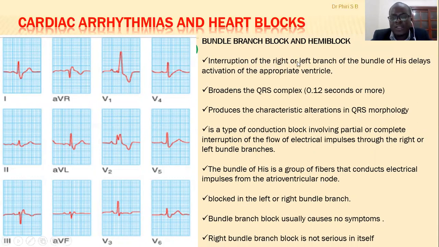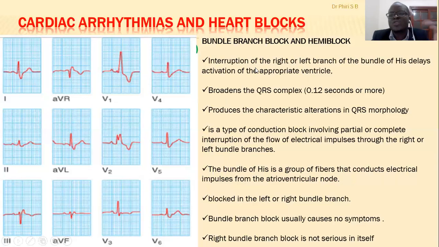Interruption of the right or left branch of the bundle delays activation of the appropriate ventricle. It could be the right ventricle or the left ventricle, depending on which bundle branch is blocked.